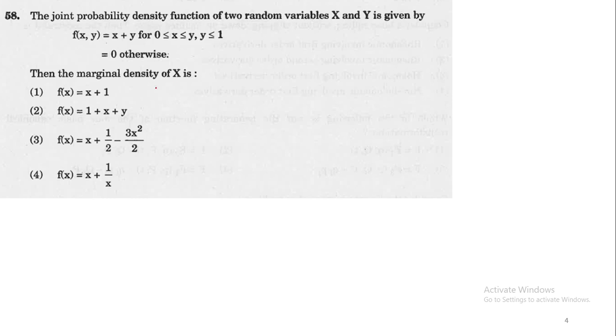The range of x is 0 to y, that I have written here, and the range of y is less than or equal to 1, and you see that y is greater than or equal to x. Using this we shall solve this problem.